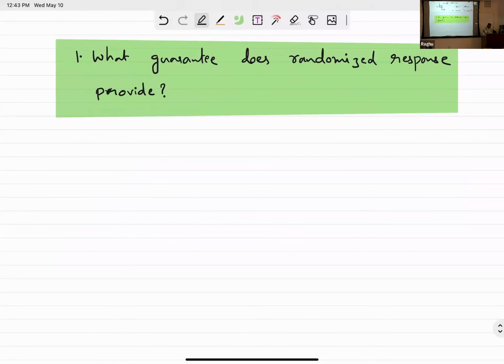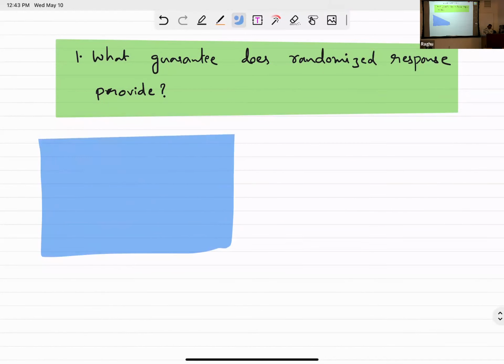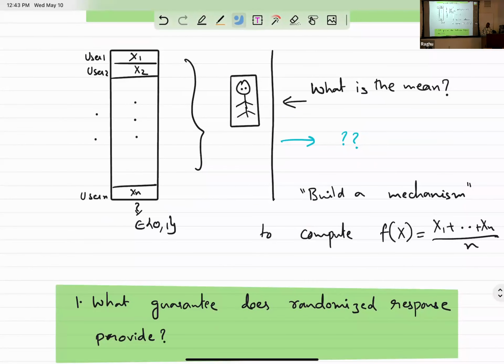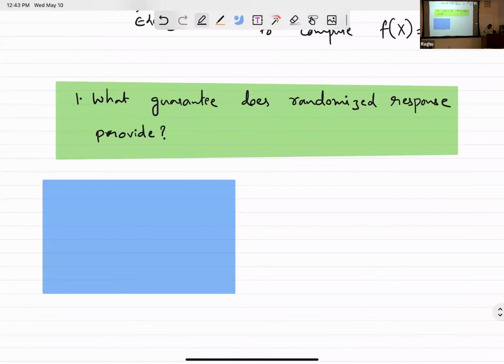Just to recall, what was randomized response? Imagine you're the curator, and someone comes and asks what the mean is. The curator defines yi to be xi with probability half plus gamma, and 1 minus xi with probability half minus gamma.